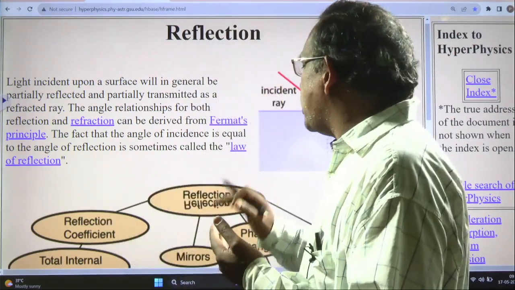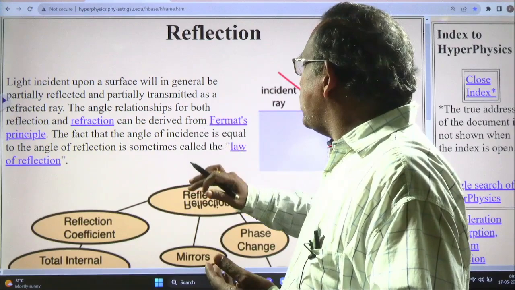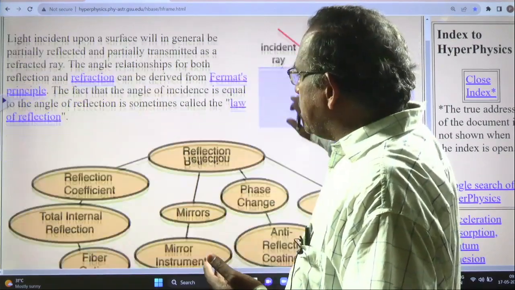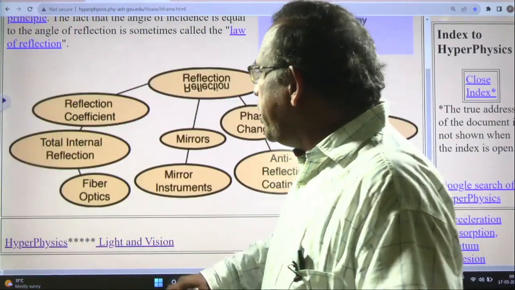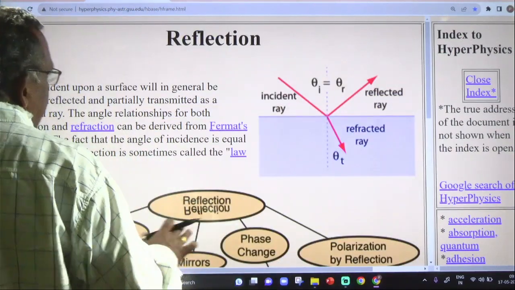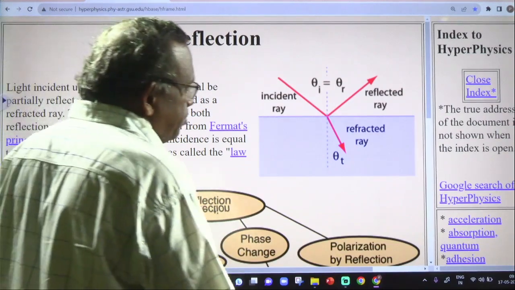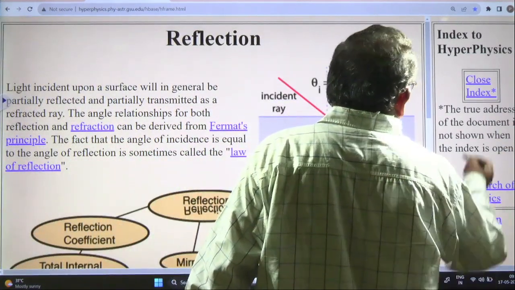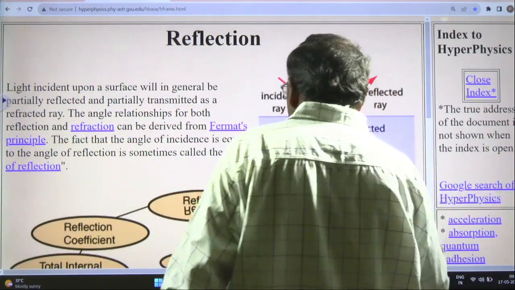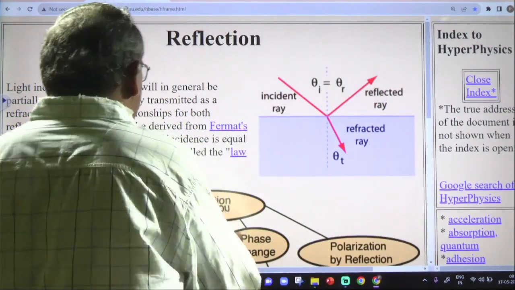So reflection, refraction and transmission will all be there when light passes through any medium. That's why we have to take reflection carefully.